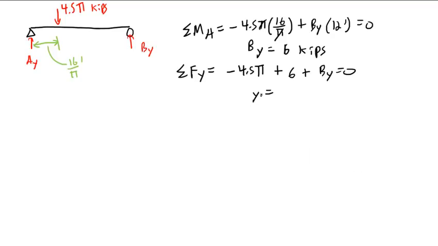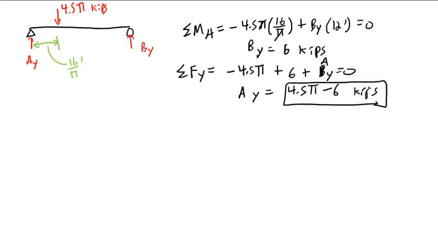AY, BY, they're all in terms of y. Sorry, AY is then 4.5 pi minus 6 kips. And for some reason I have this expressed in exact mode instead of decimal mode. I'll make sure that's greater than 6. Should be. Yeah, it is. Okay, so questions on that.